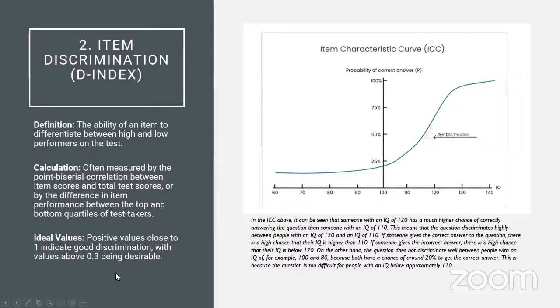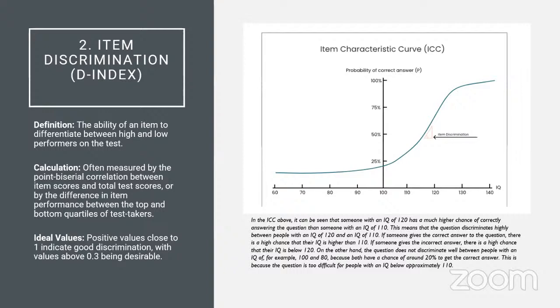Sir, if the correlation is very high, yes, so you have written positive values close to 1. Yes, sir, it was from Google Classroom.